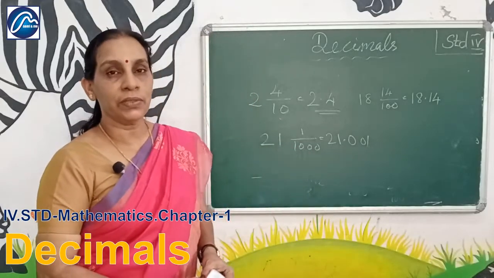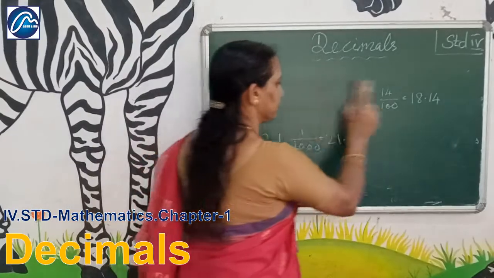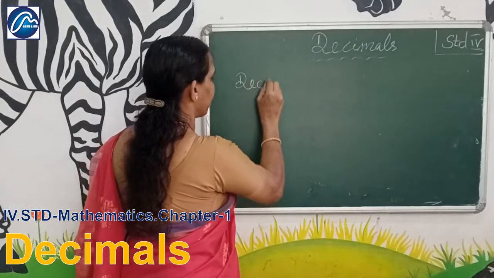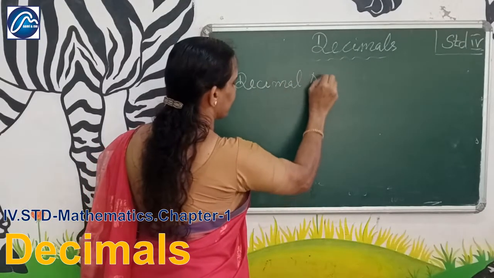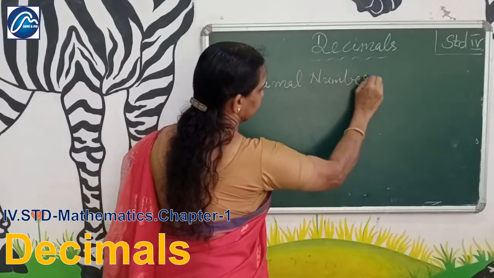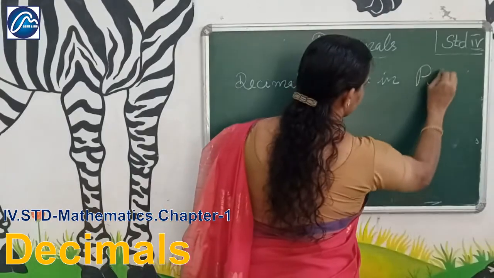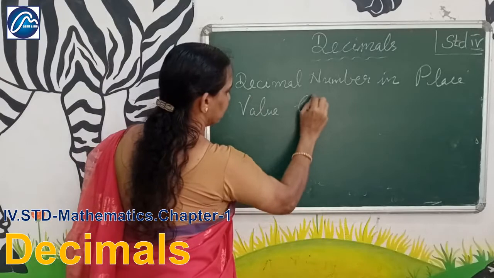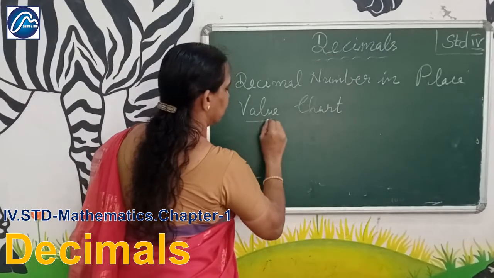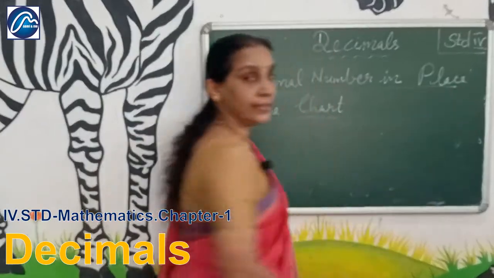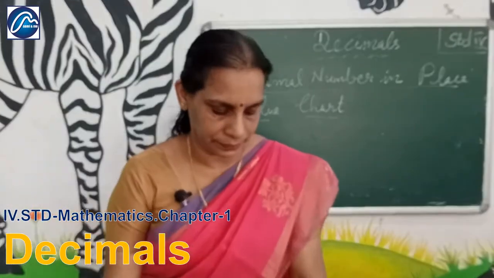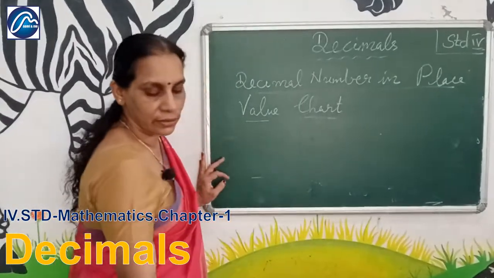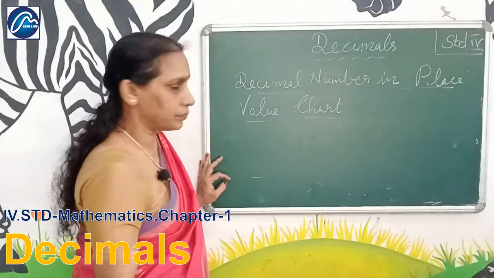Next one, decimal numbers in the place value chart. I have told you already at the beginning of the lesson.